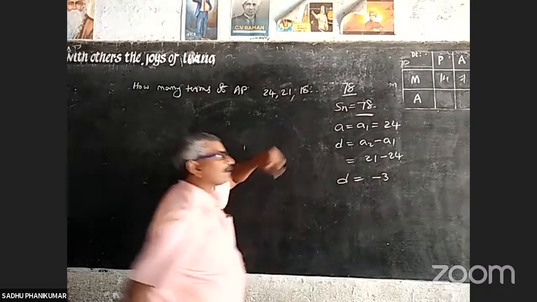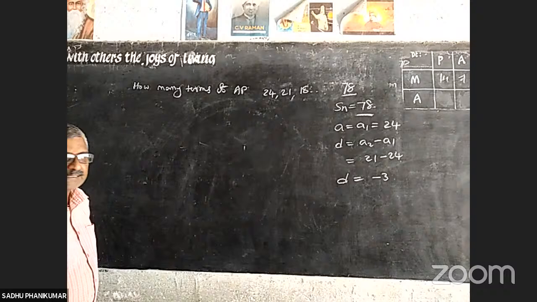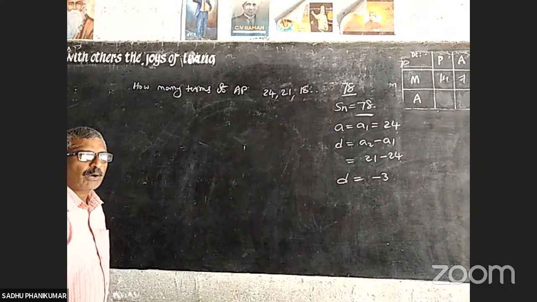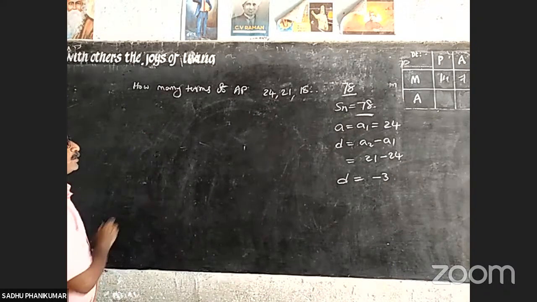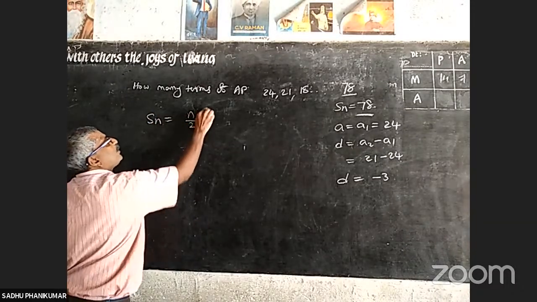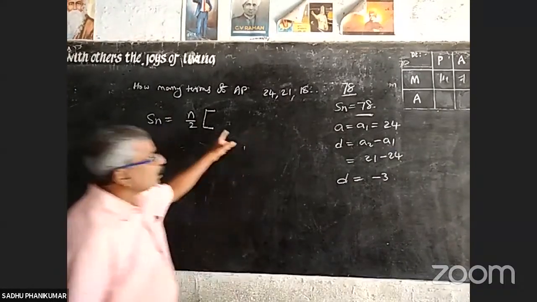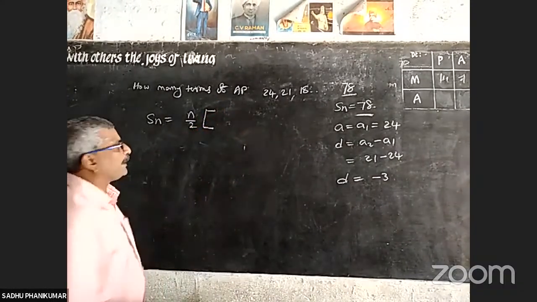Now what do we have to find? How many terms? That means the number of terms, the value of n. So Sn is equal to n by 2 into 2a plus n minus 1 into d.